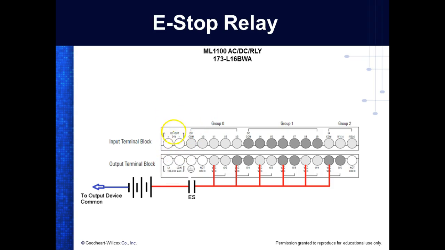So what I'd have to do is come over here and take this right here and hook it to these two commons, and that's the way I set up sinking. But what I would do is just put another ES contact right there. If I put an ES contact between my input common, then I could kill my inputs coming into the PLC. It doesn't mean you're killing power going to the inputs themselves. You're just killing those inputs coming into your PLC.